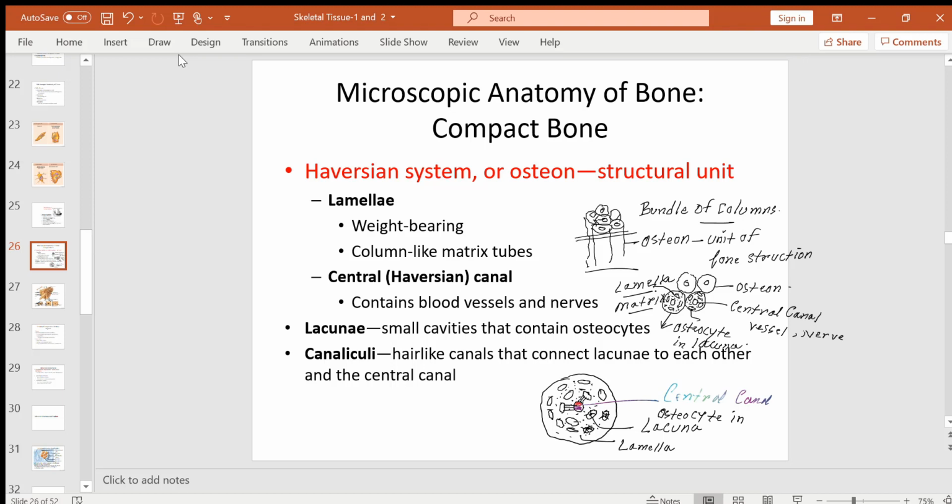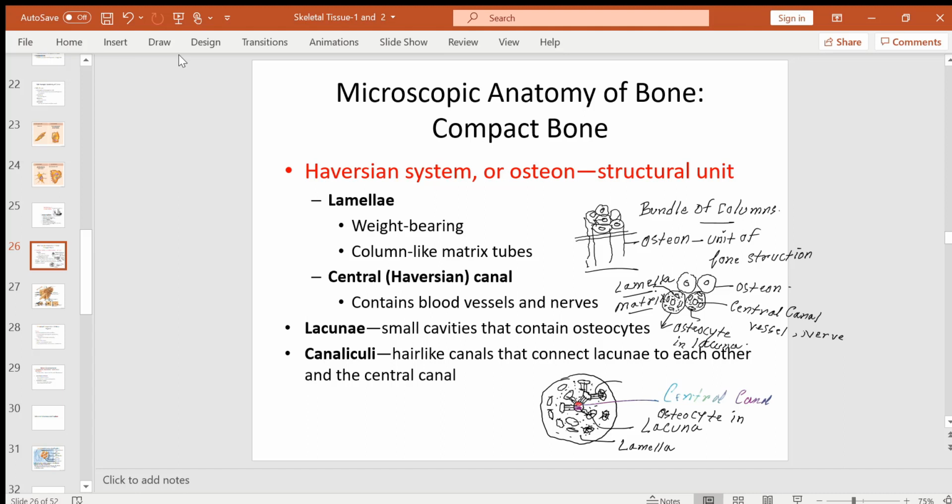thin hair-like fine channels, and these channels connect the central canal to lacunae as well as lacunae to lacunae. Why do you have these fine channels? Because these channels take the fluid, which contains the nutrients and oxygen from the blood, to the lacunae, because lacunae house the osteocyte, and osteocyte needs oxygen and nutrients.